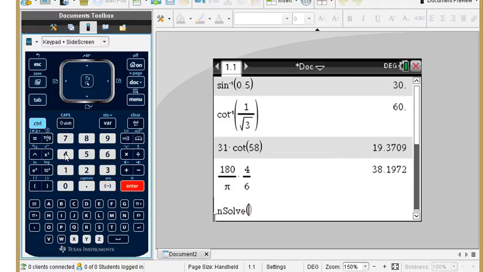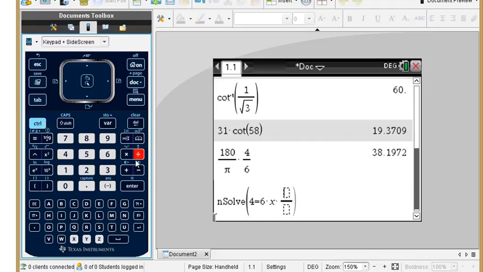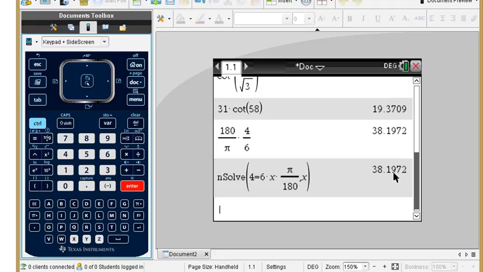And so we have 4 equals 6 times x times pi over 180, and we come outside this equation and put comma x. Should give us the same thing, yes, 38.2 rounded to the nearest tenth place.